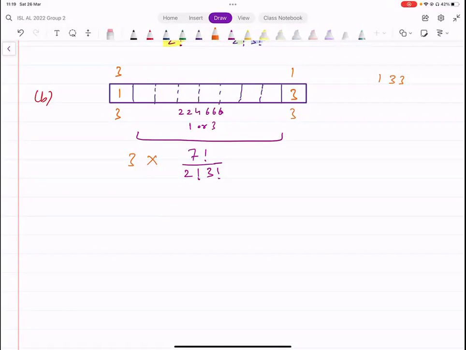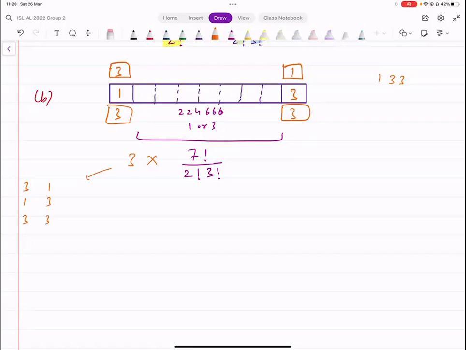तो एक केस हमारा था 3-1, एक case है 1-3, एक case है 3-3. So there are 3 cases that we've got for the ends. Right? ये क्या represent कर रहा है? Represent कर रहा है ये cases, 3 at the start and 1 at the end, 1 at the start, 3 at the end, and then 3 at the start, 3 at the end.